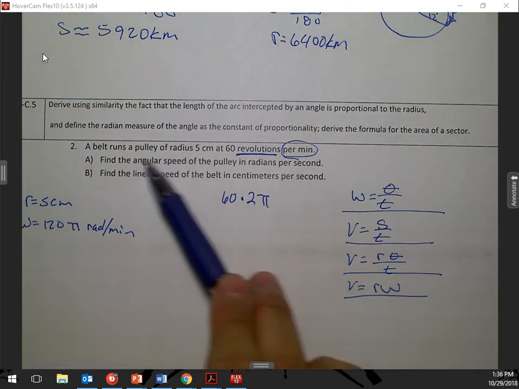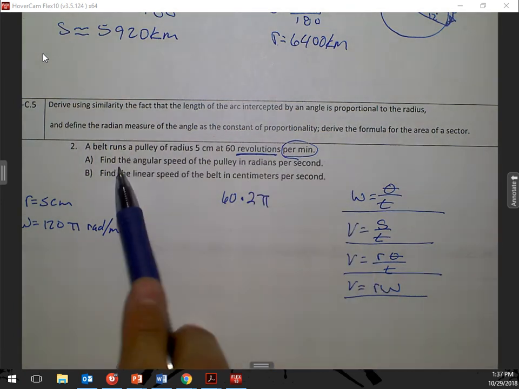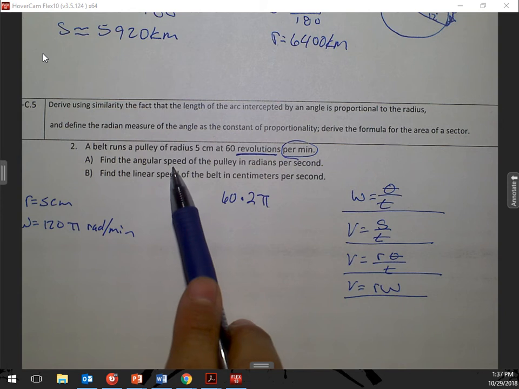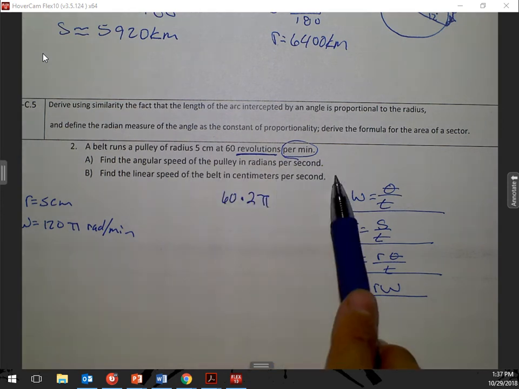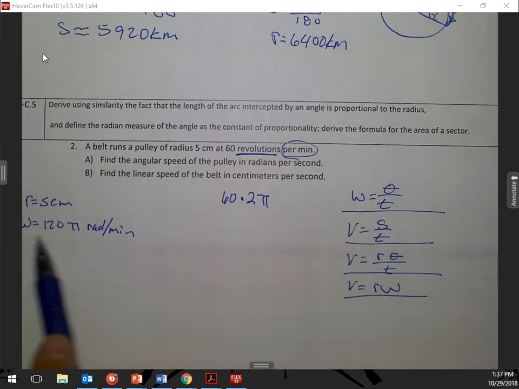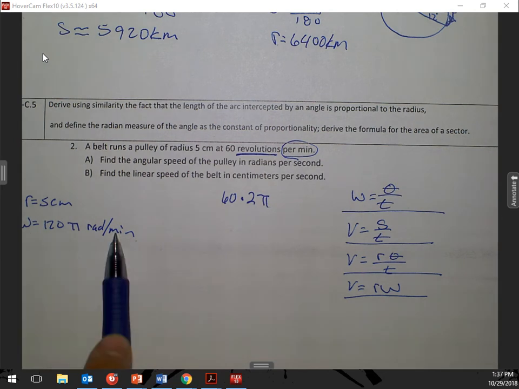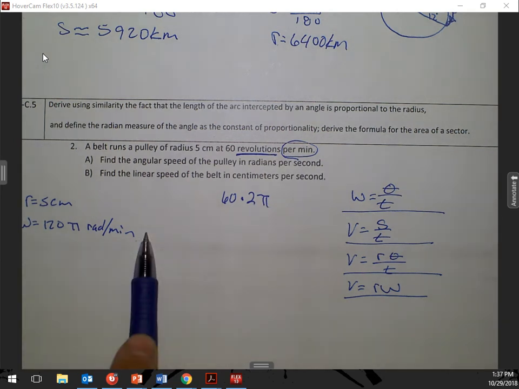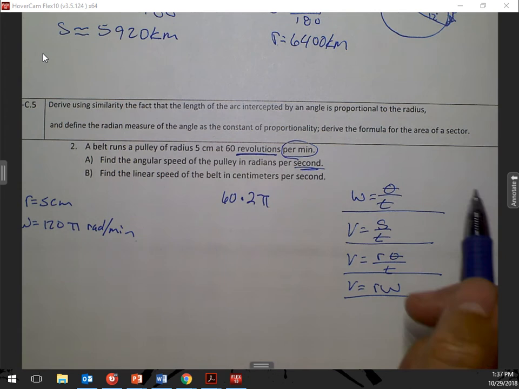So let's see everything that we have here. Find the angular speed of the pulley in radians per second. Do we have angular speed already? Yes, we have angular speed already, don't we? But it's per second, isn't it? So I'm going to show you guys unit conversion.